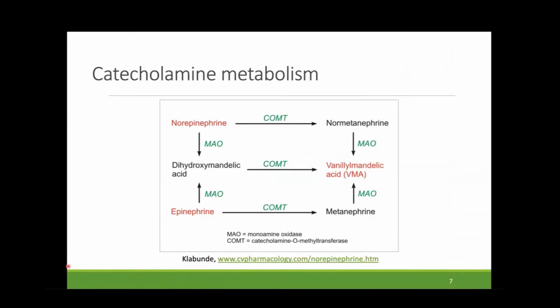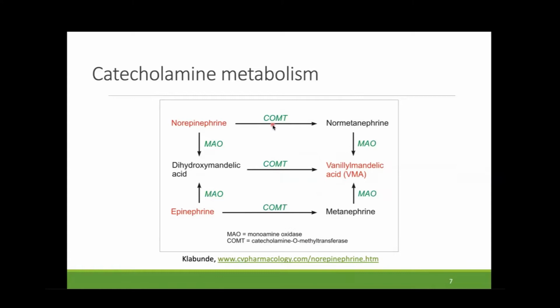If we look at both norepinephrine up here and epinephrine, there are two types of enzymes that can act upon these catecholamines. One is monoamine oxidase, which will lead to the formation of dihydroxymandelic acid. And then that is acted upon by catecholamine O-methyltransferase, or COMT. And the epinephrine, instead of being acted upon by MAO, can be acted upon by COMT, and so can norepinephrine.